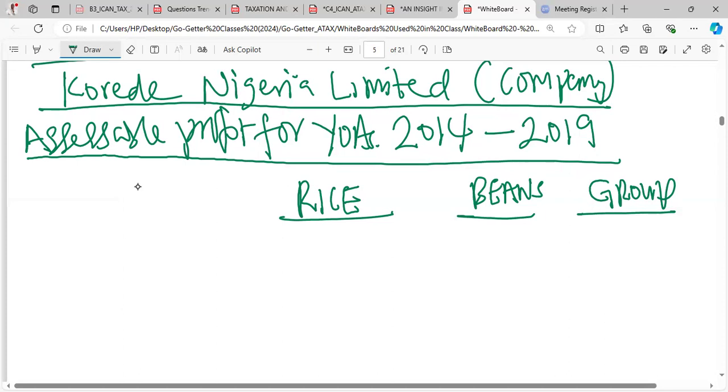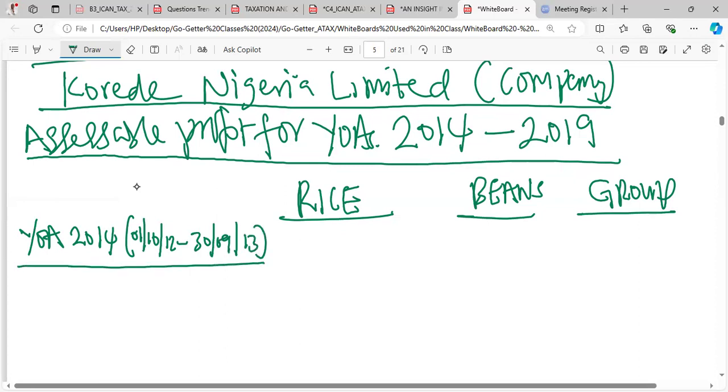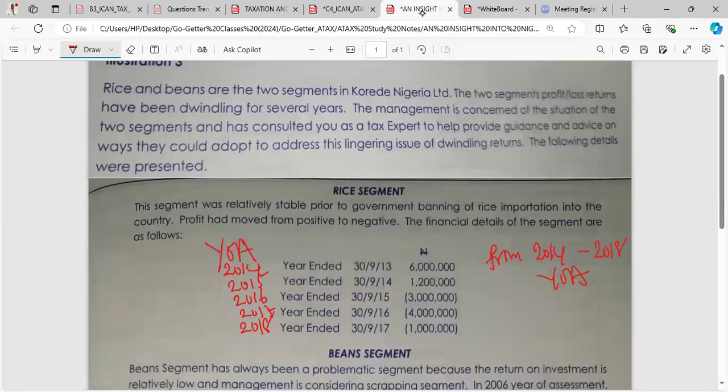So we start with the year of assessment 2014. We are told it ends in September. So it will start from October 1, 2012 to 30th September 2013. Because beans has not started, rice started, year of assessment, you see where it ended? That's fine.